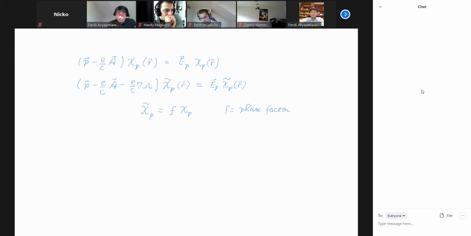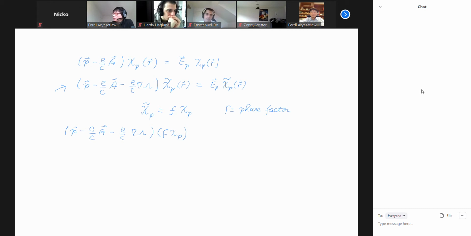So let's see what happens if we now use this form in this equation here. So we have p minus cA minus c plus c gradient lambda acting on F chi_p like that.